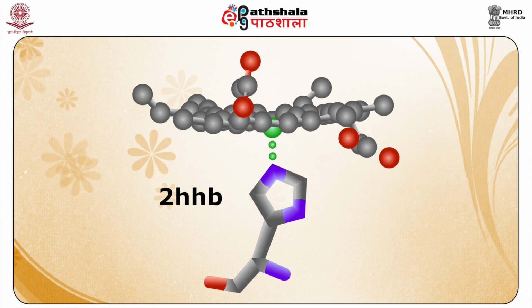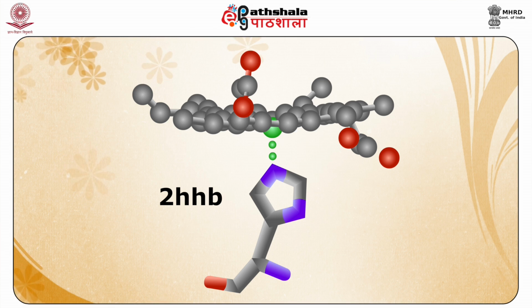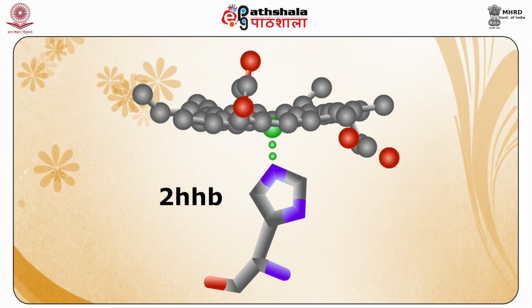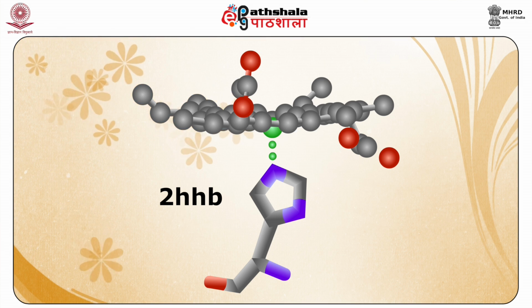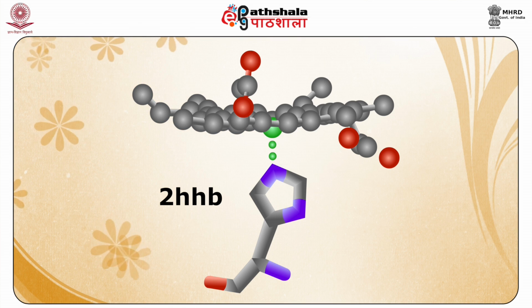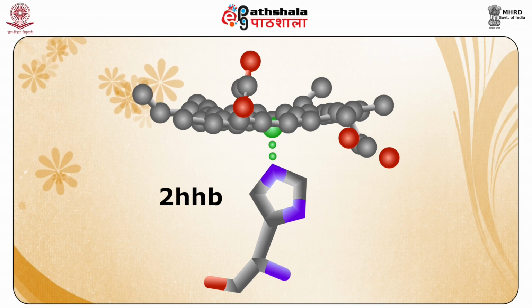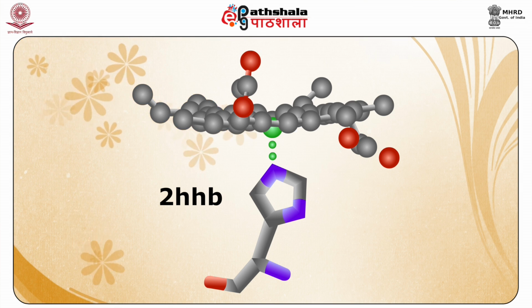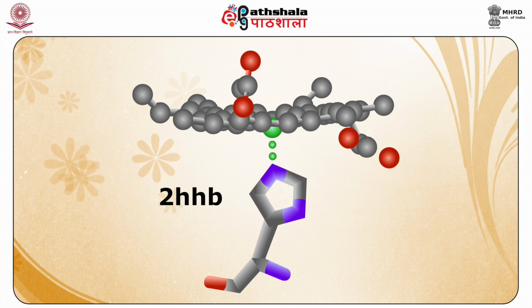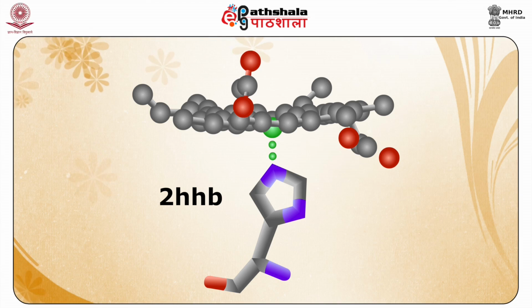The histidine is called the proximal histidine and is residue 92 of the beta polypeptide chain and residue 87 of the alpha polypeptide chain of hemoglobin. The 2 sides of the heme plane are called the proximal side and the distal side. The proximal side has the proximal histidine.